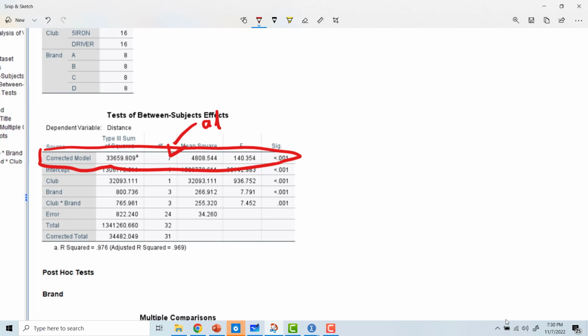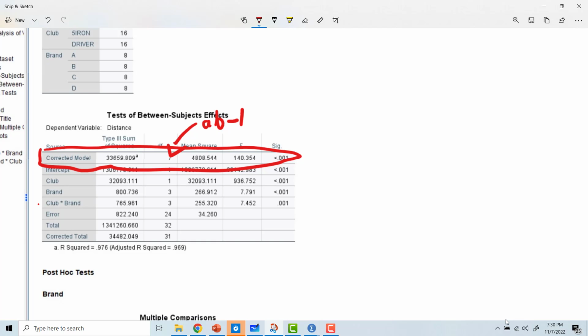So this is AB minus 1. We have 8 means, 7 degrees of freedom, and this is the sum of squares for the overall test. And you can still see the mean squared here divided by the error is the F statistic for the overall model.